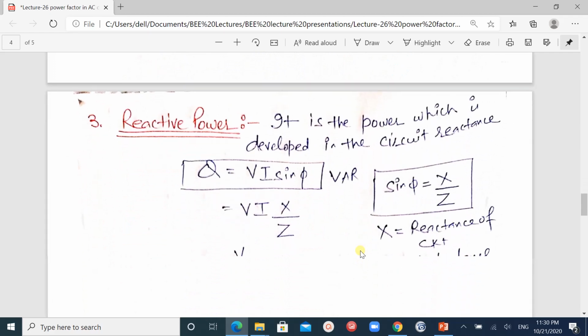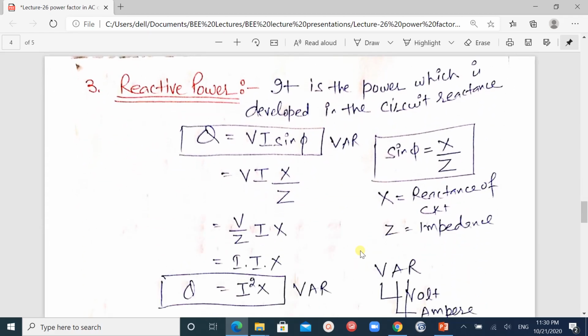Then we have the next term, reactive power. It is the power which is developed in the circuit reactance. Q equals VI sin phi.